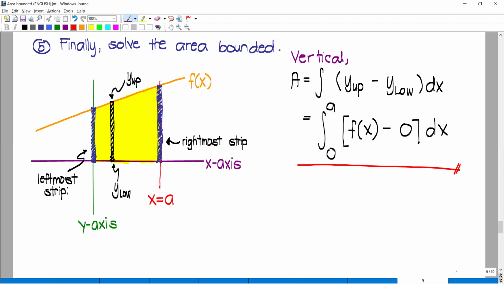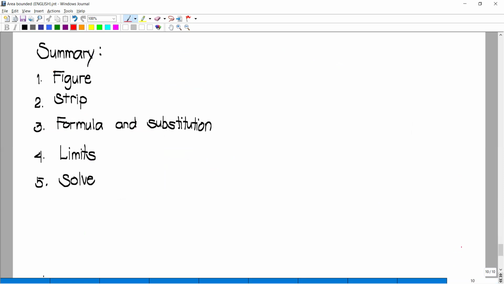So to summarize, in order to solve the area bounded, let us use these steps. Number one, the figure. In the figure, we must know how to graph the lines and other curves, especially the parabola and the cubic functions. Number two, we must decide the correct strip.